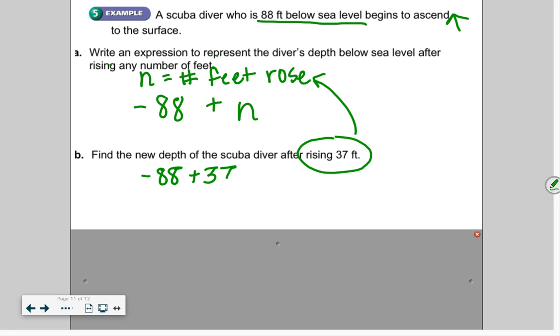One's positive, one's negative. So we are going to subtract 88 minus 37. 88 is bigger and it's negative, so my answer is negative. So negative 51 what? Feet. Or I would say he is 51 feet below sea level.